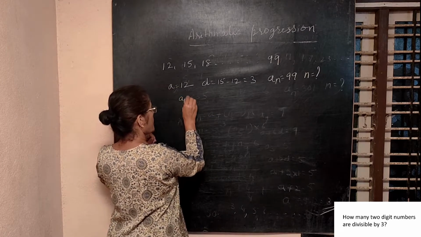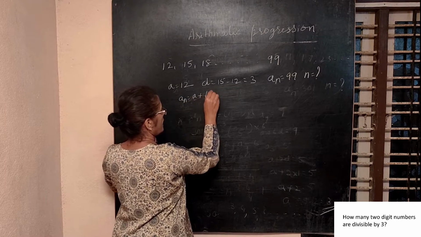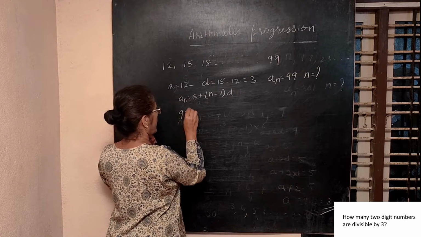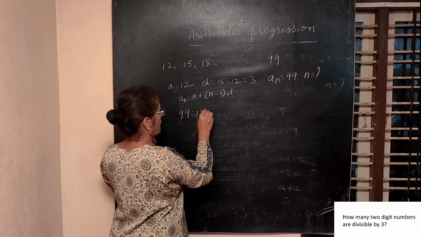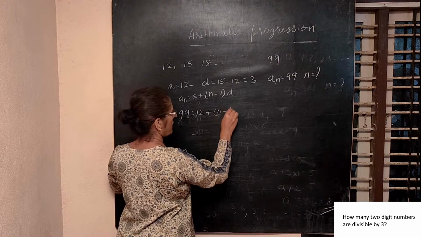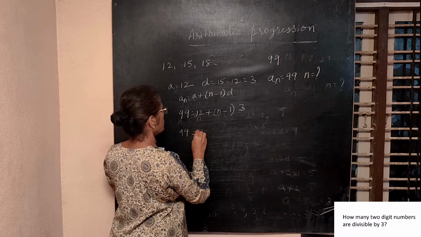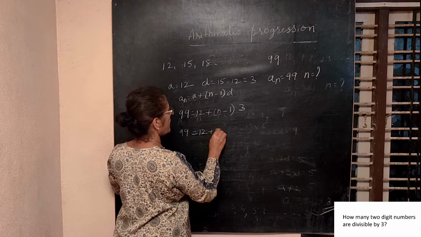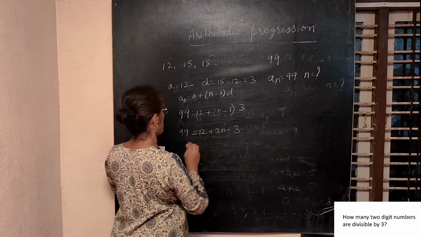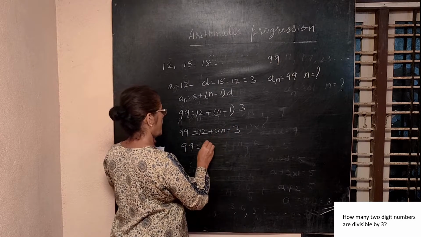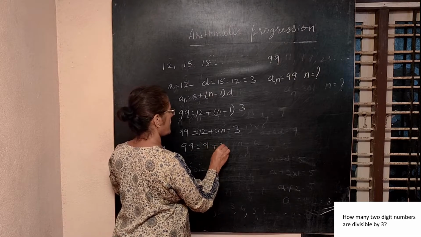An is equal to A plus n minus 1 into D. So 99 is equal to 12 plus n minus 1 into 3. So, 99 is equal to 12 plus 3n minus 3. So, 99 is equal to 12 minus 3, 9, plus 3n.